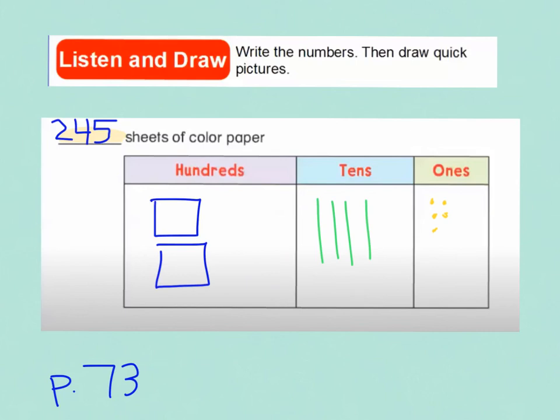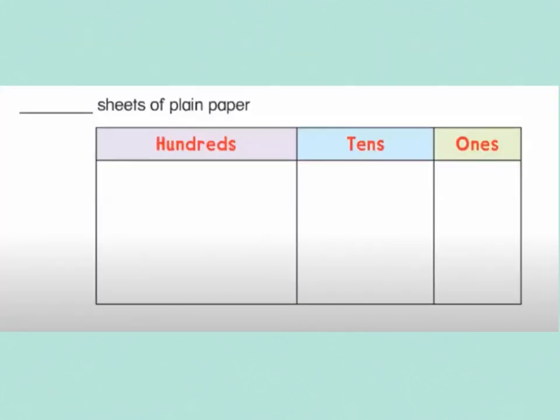Okay, so we have 245 sheets of colored paper, and also there are 458 sheets of plain paper by the table. In the blank right here, write how many sheets of plain paper. Write the number in standard form. 458.